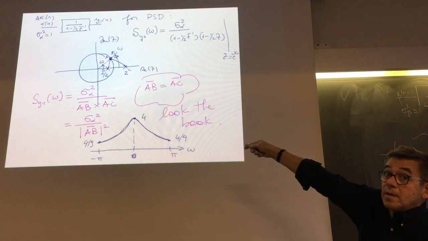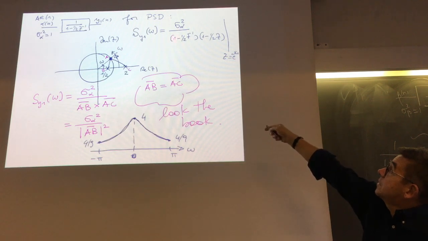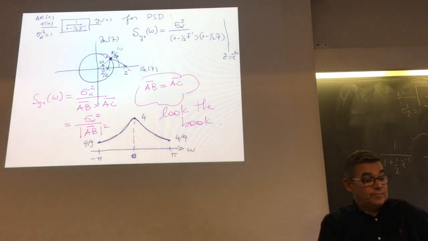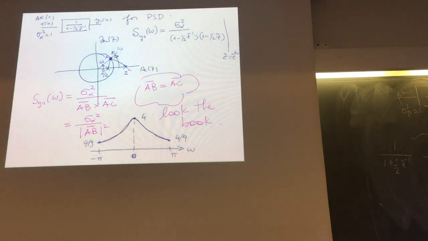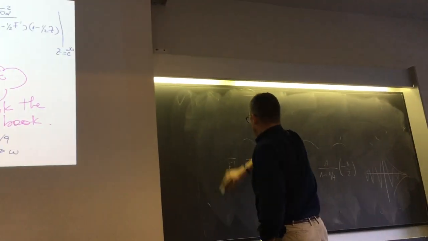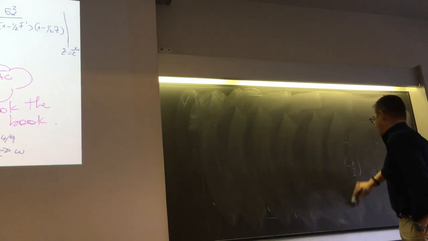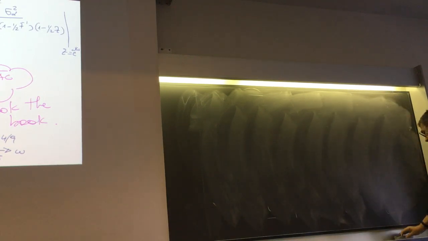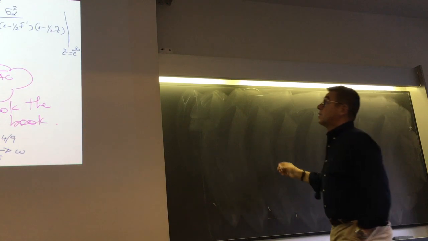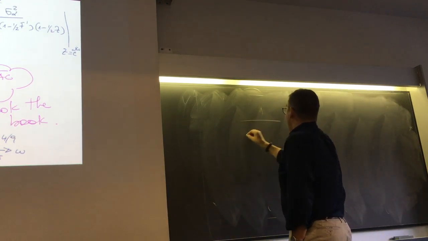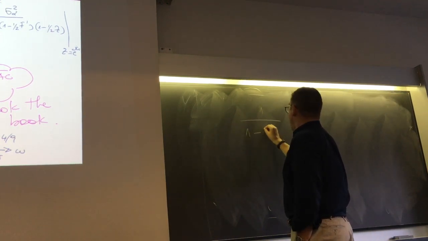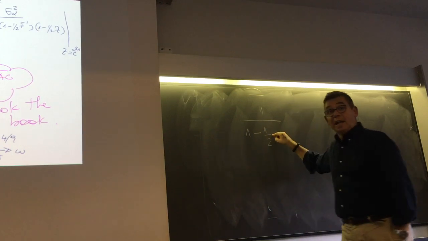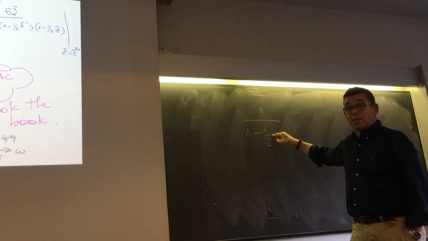It's always related to the point C, the distance. So it is 1/2 multiplied by e to the j omega there. That one is 1 divided by 1 minus 1/2 times e to the j0, which is 1.